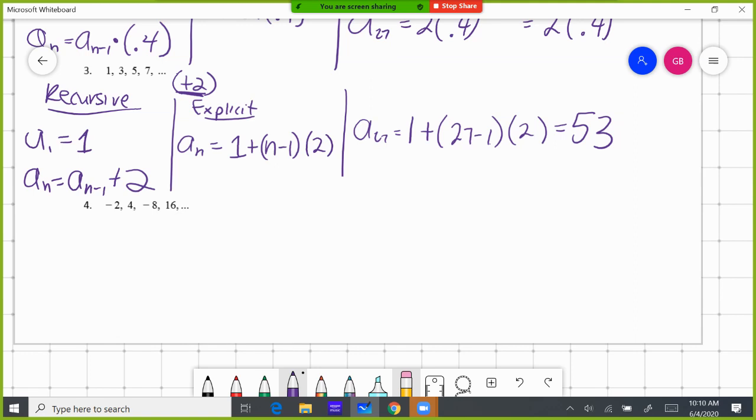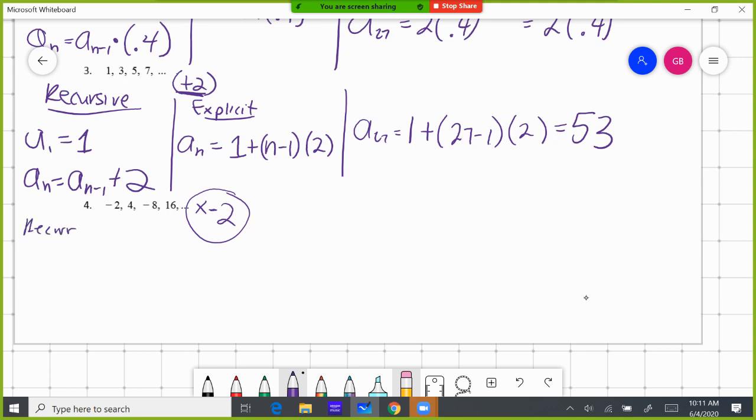And then finally here, the pattern, -2, 4, -8, 16. Well, if I ignore the negative signs, I see that you're multiplying by 2. But to go from positive to negative, that means you need to multiply by -2. Okay, so that's the pattern. So if it's multiplication, make sure you use the geometric formulas.